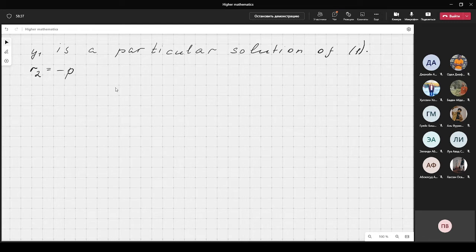This will occur if for any even integral positive k, the following inequalities are fulfilled: r second plus k squared minus p squared is not equal to 0. Formula 6.